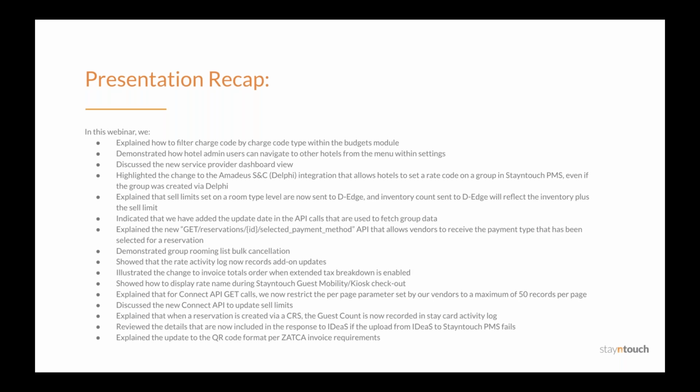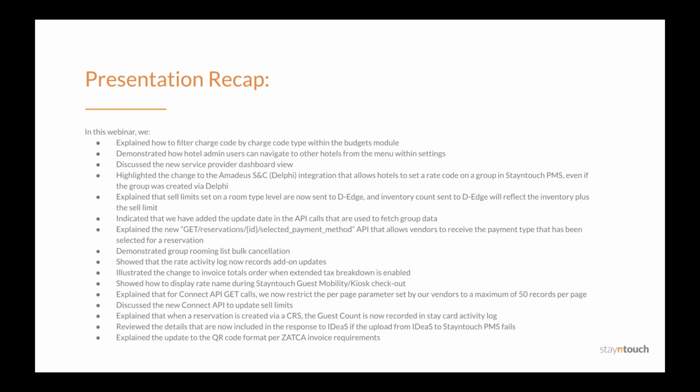We illustrated the change to invoice totals order when extended tax breakdown is enabled, showed how to display rate name during Stayntouch Guest Kiosk and mobile checkout, and explained that for Connect API GET calls, we now restrict the per page parameter set by our vendors to a maximum of 50 records per page.